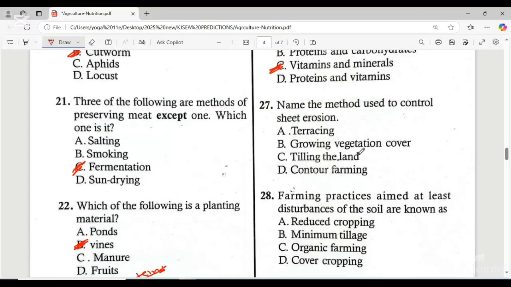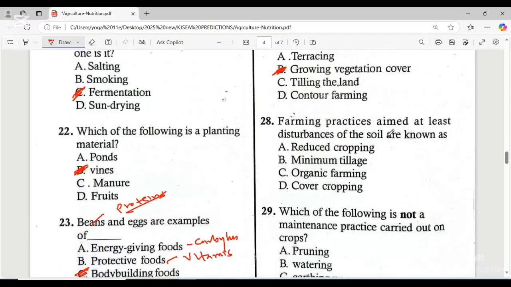Name the method used to control sheet erosion. Which method do we use to control sheet erosion? It is growing vegetable cover. Growing vegetable cover prevents sheet erosion.